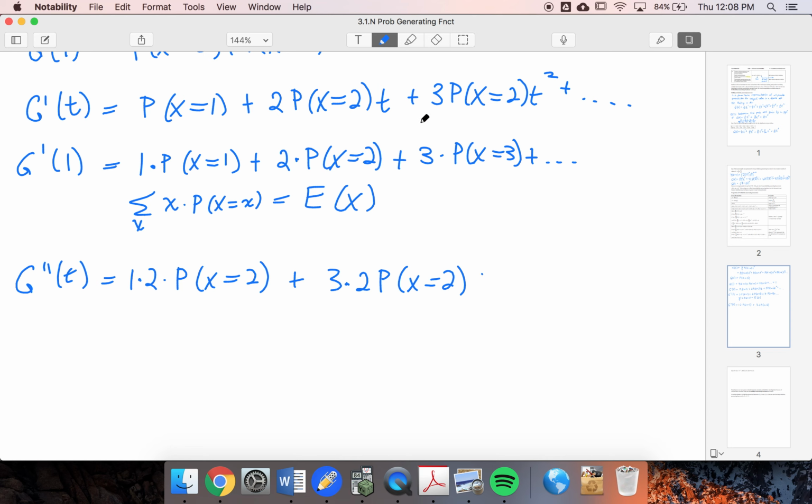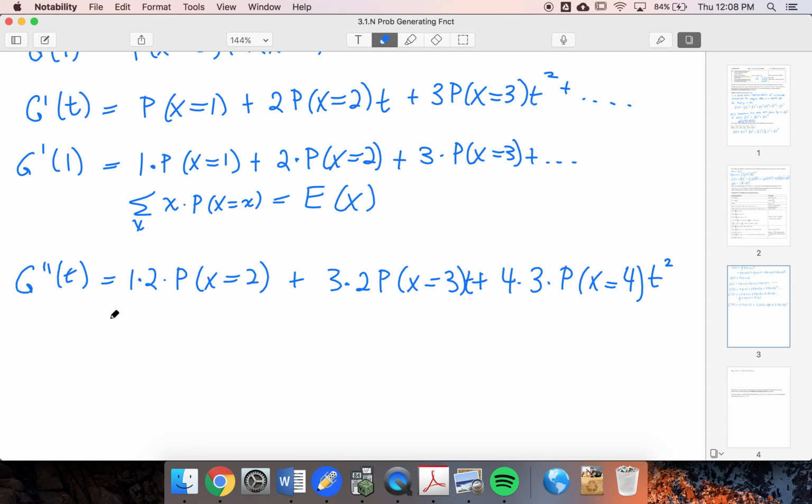That one is X equals 2, that was my mistake there. All right, so my next one is going to be 4 times 3 times the probability that X equals 4. I'm missing a t. This one is going to have a t. This one would have t squared, etc.